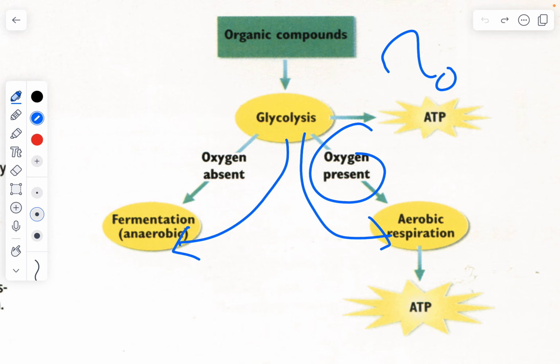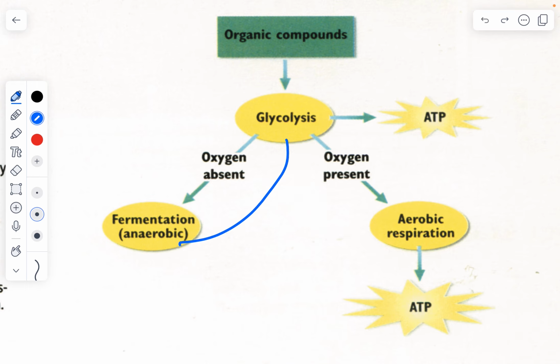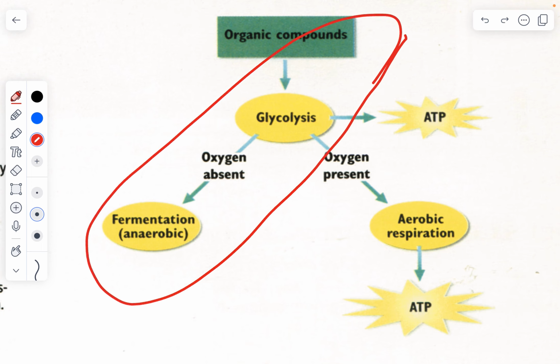What's left here to know is when we will look at the pathways. For example, when we say fermentation or anaerobic pathway, this whole diagram is included. This is the pathway of fermentation. Glycolysis is counted with fermentation also. It's counted with aerobic respiration also. Why?